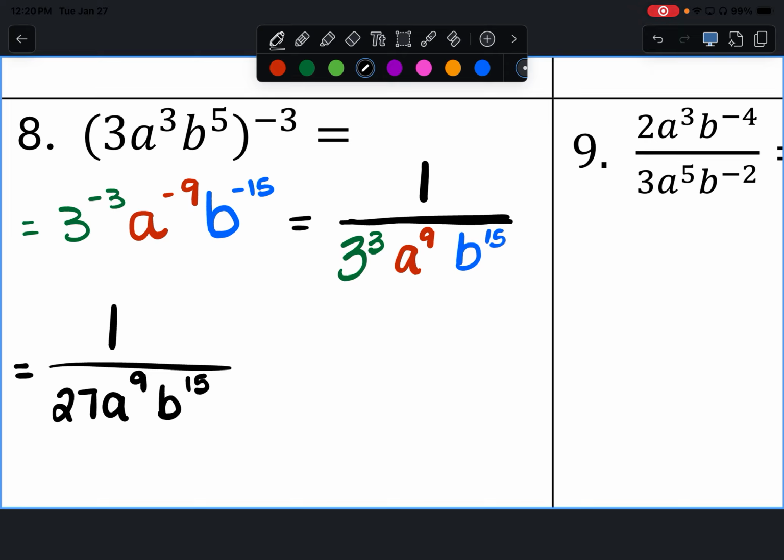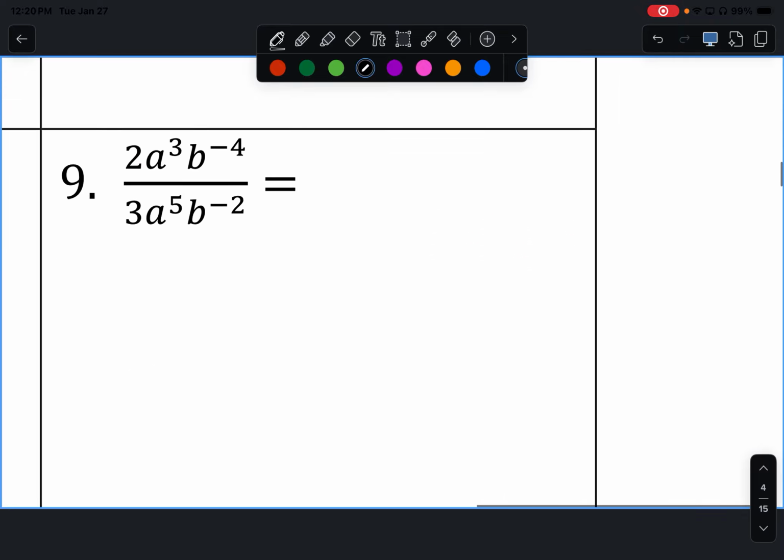All right, number 9. For number 9, can we simplify our constants, 2 over 3? No. So it's just going to stay 2 over 3. Can we do anything with a to the 3rd divided by a to the 5th? We get a to the what?